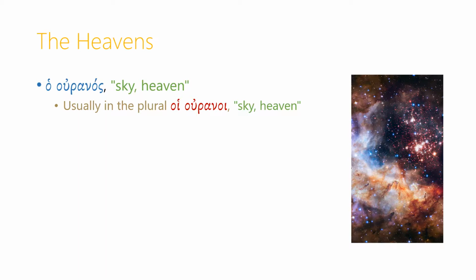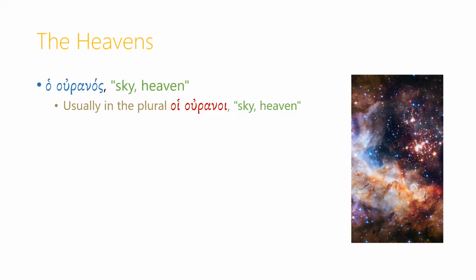We need to keep in mind, of course, that really there was no separate word for heaven in antiquity, and that whenever we see in English translations a reference to heaven, we're really seeing a reference to the sky, what's above the earth.